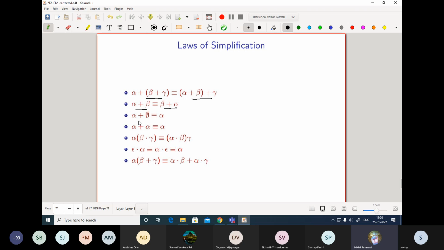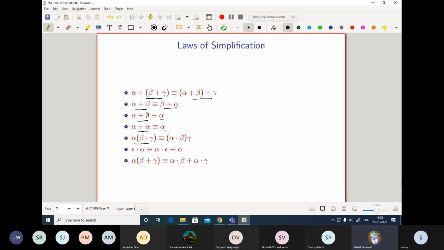Similarly, alpha plus null is equal to alpha. Again, look at the languages corresponding to the left hand side and the right hand side. Alpha plus alpha can be substituted by alpha, because alpha plus alpha is equivalent to alpha.